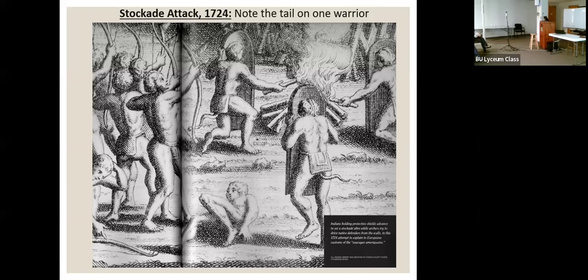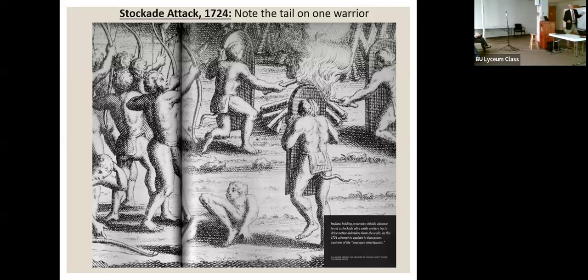Note the tail, actually on two warriors, okay? It's propaganda. These are evil, okay? Now, why do you make that determination? Because we've seen what they've done to the settlers. We've heard reports of what they've done to prisoners. You cannot reason with these people. So you depict them as this.